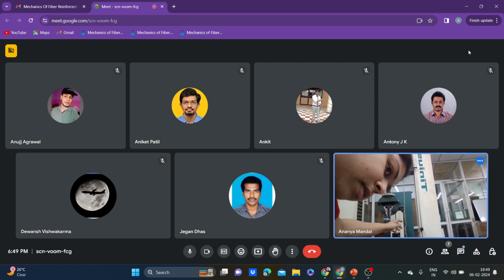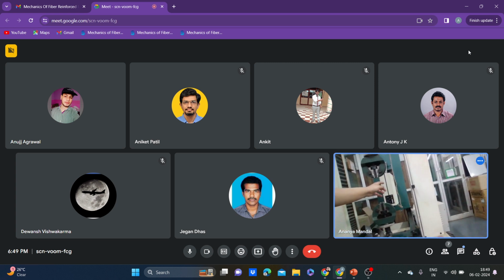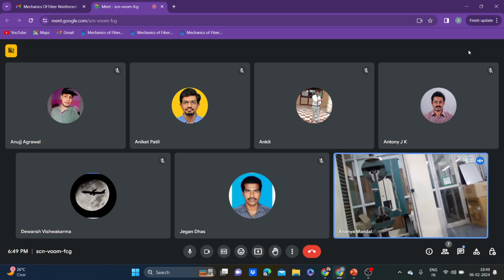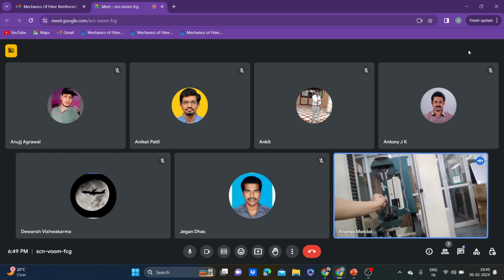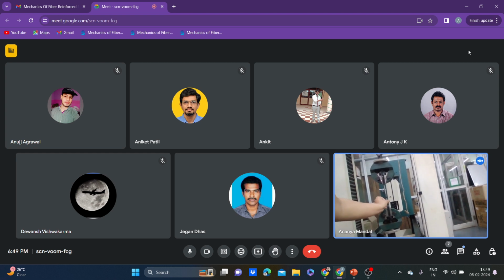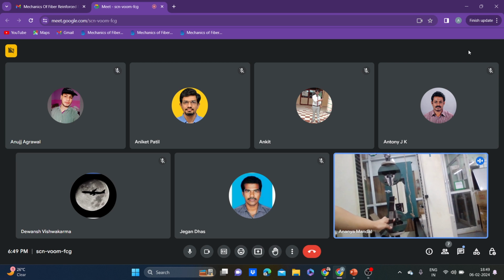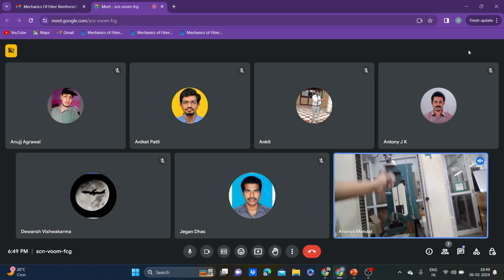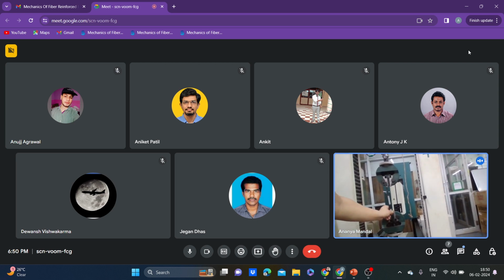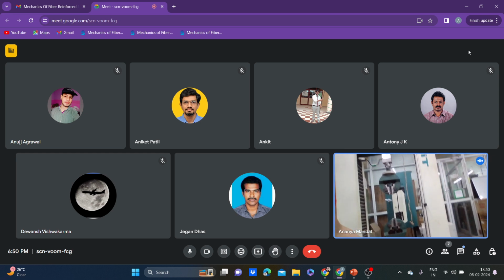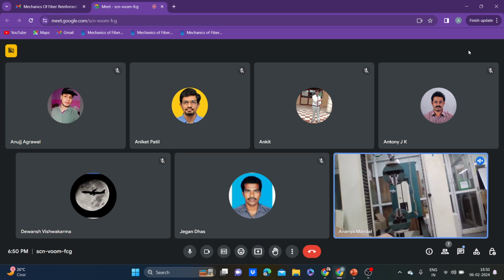Can you see? Yes, ma'am. So these are the attachments. Whenever we have a sample, so this is a composite sample, suppose we attach this sample between these two hooks, and one of them will remain stationary, and this one will be pulling this sample up. From that we can see what the longitudinal stress will be, and because of that we can find the modulus. And for finding the Poisson ratio, there is another different attachment.